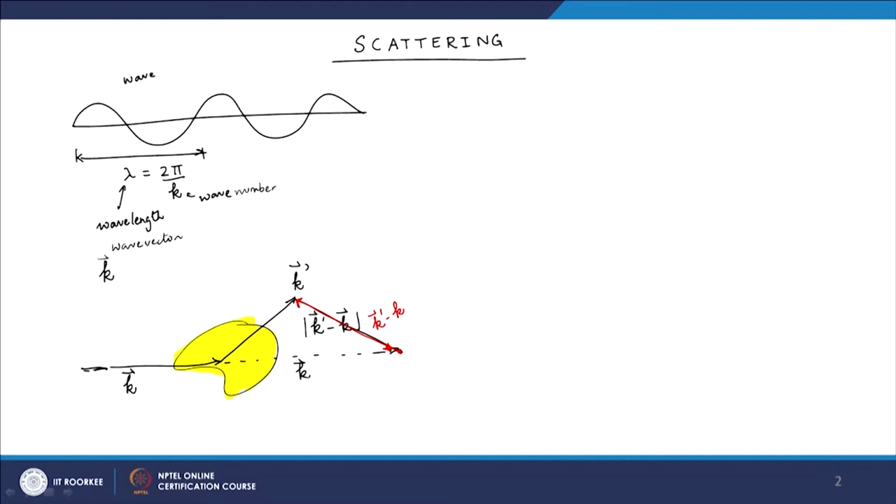So you can see if I add k with k prime minus k, I get the vector k prime. That is the essential idea of scattering.